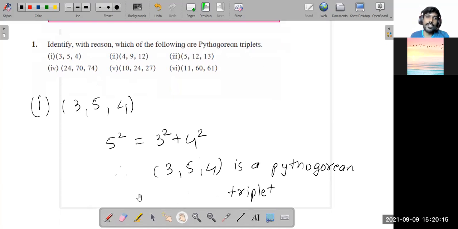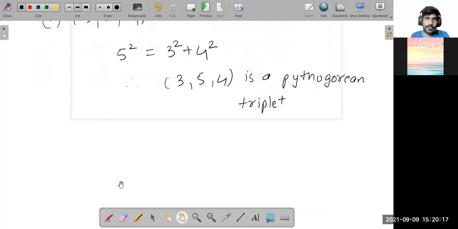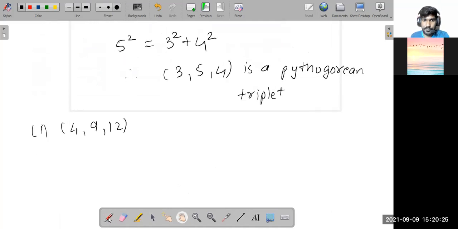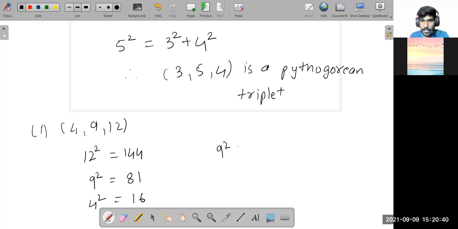Okay, the second one is 4, 9, 12. We will check this. 12 square is 144. 9 square is 81 and 4 square is 16. Check 9 square plus 4 square.